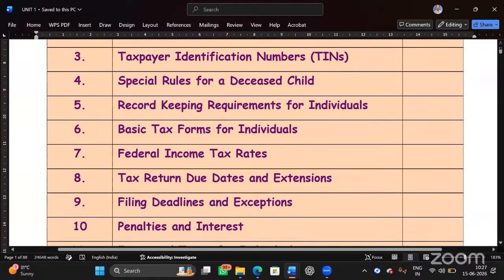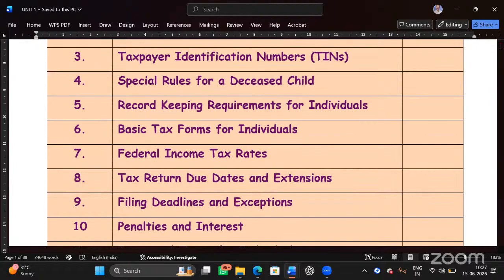Now, record keeping requirements for individuals. Even though we are filing tax returns in the current year, say in the year 2026 for the year 2025, and paying the tax completely in the current year, the Income Tax Department has the right to call for information subsequently.